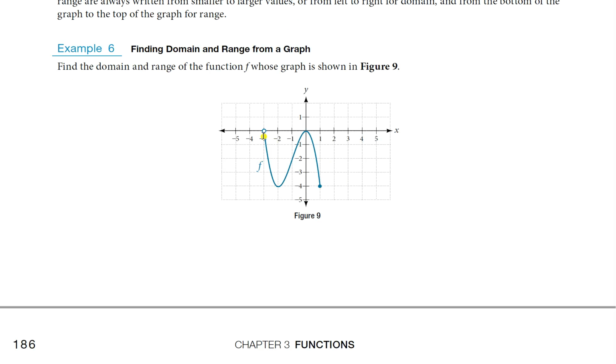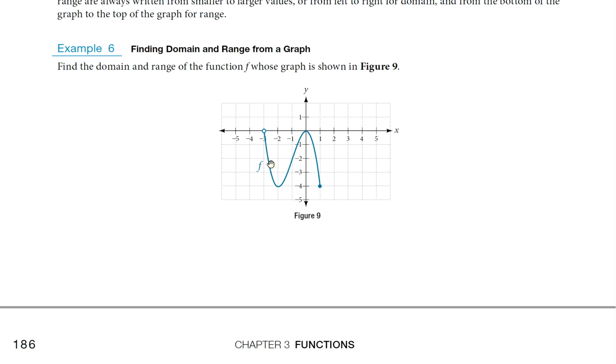But one feature that's interesting here is we've got this empty dot, which means that at -3 the function is undefined. There'd be a full dot if the function at -3 would be 0, but since there's an empty dot, f of -3 is undefined. One thing that you want to think about when you see a curve like this is that it's like a succession of full dots, and it ends with an empty dot.